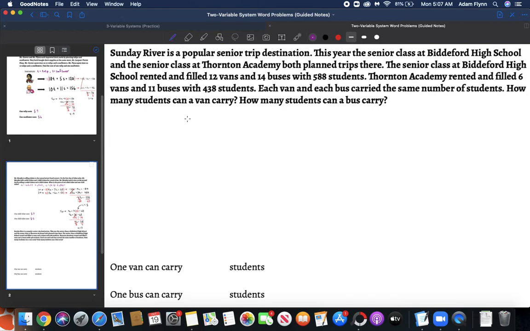Okay, so the first thing we need to do is define our variables. So how about we do V equals van and B equals bus. Okay, so we're going to have two different equations: the BHS equation, and the Thornton Academy equation.